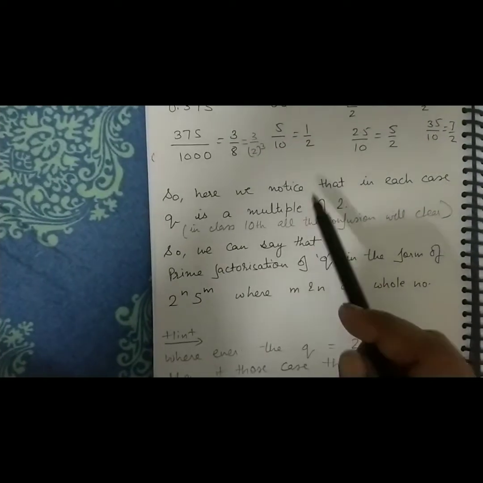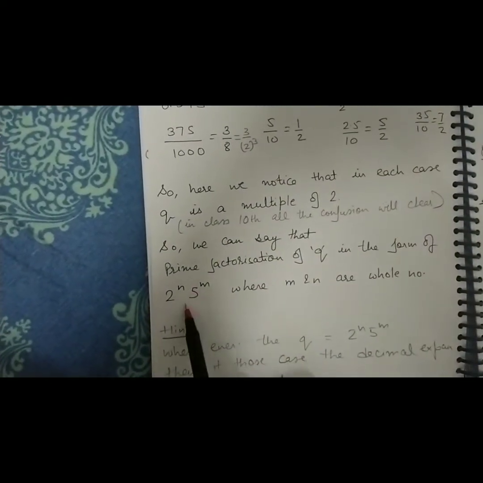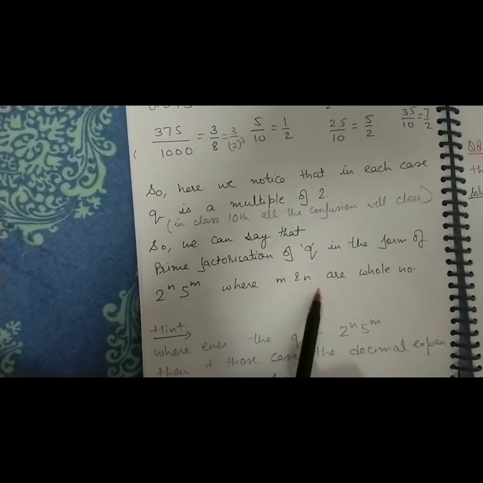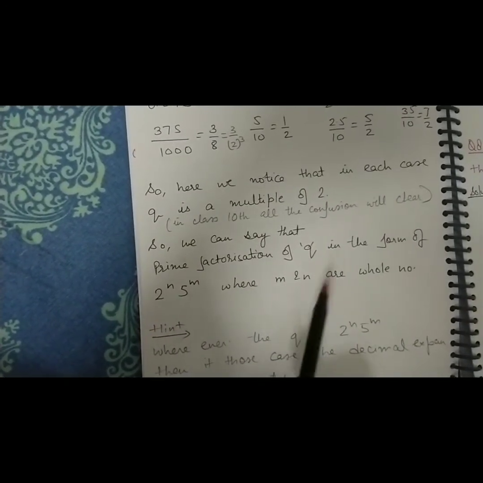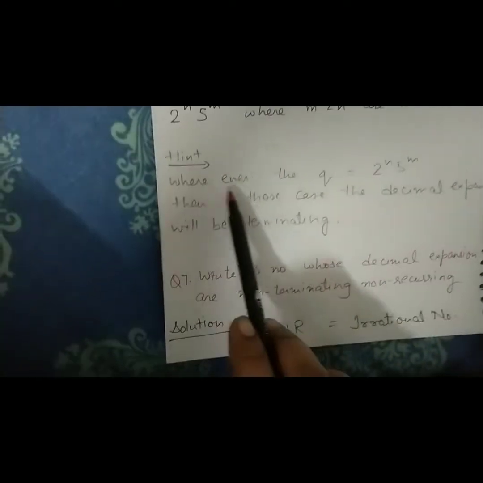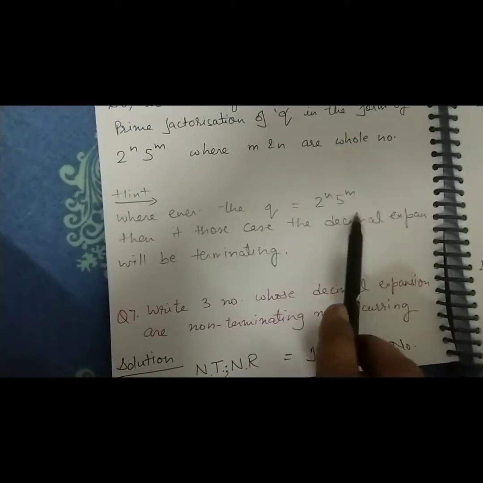Means if in the denominator you get a multiple of 2 or 10, you will get it as a terminating number. Here even the q are in the form of 2 raised to n or 5 raised to m.